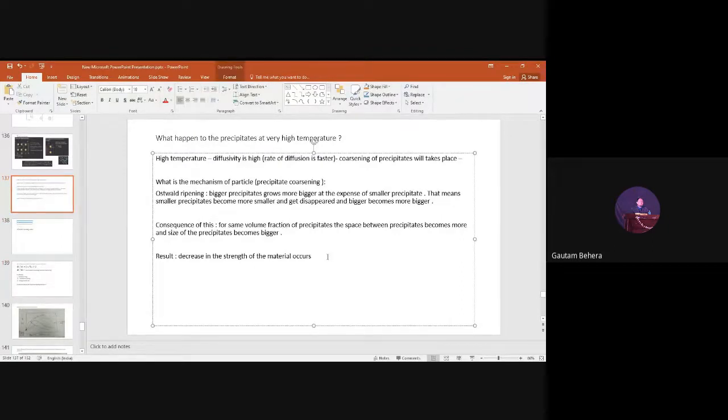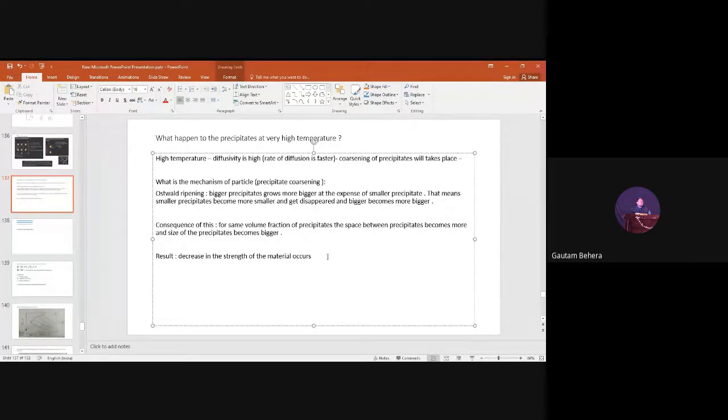So you understand this mechanism called Ostwald ripening. Ostwald ripening is a mechanism in which the particles or the precipitate become coarser with time. So you will have smaller particles and bigger particles, or bigger precipitates and coarser precipitates. The coarser precipitates will consume the smaller, fine precipitates, and they become bigger.